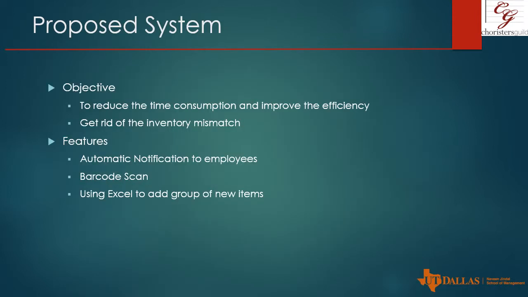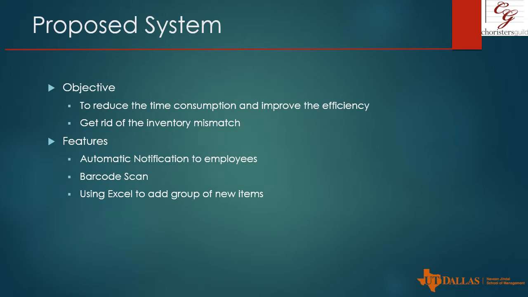Hi. As we have already discussed the main problems in the current system, we know that there are many loopholes. Our objective here is to keep the system structured, time efficient and error free. Since this is a very small company, there are a lot of processes which happen manually and are not automated.